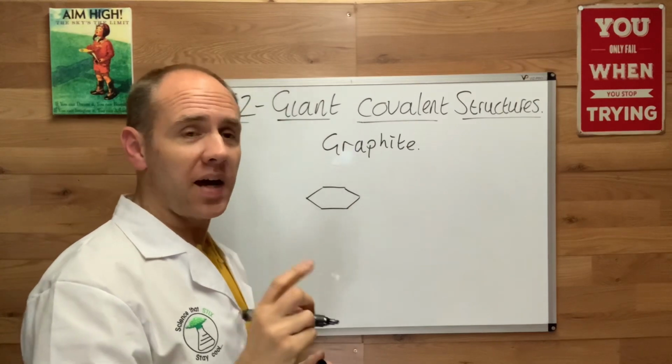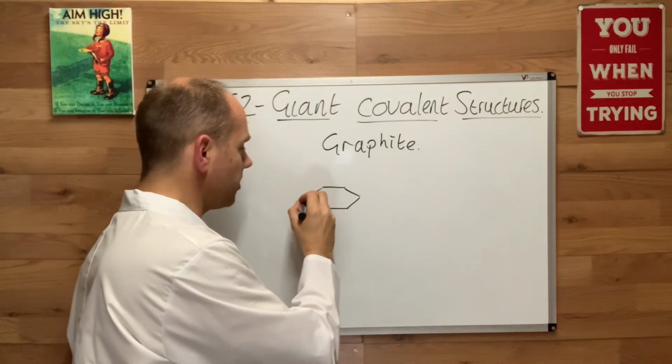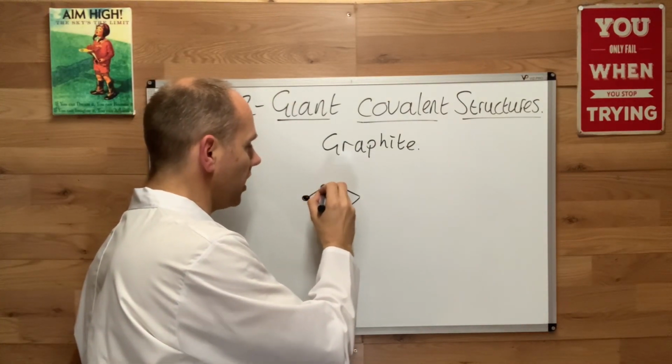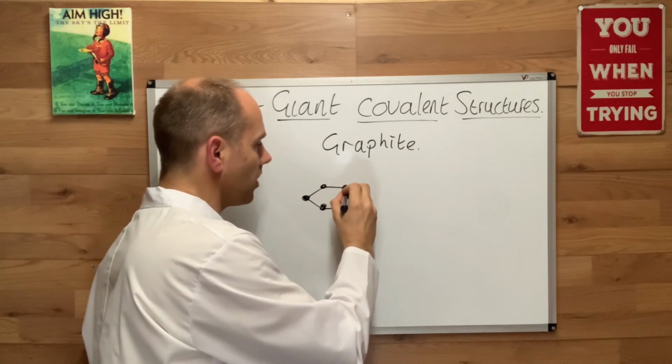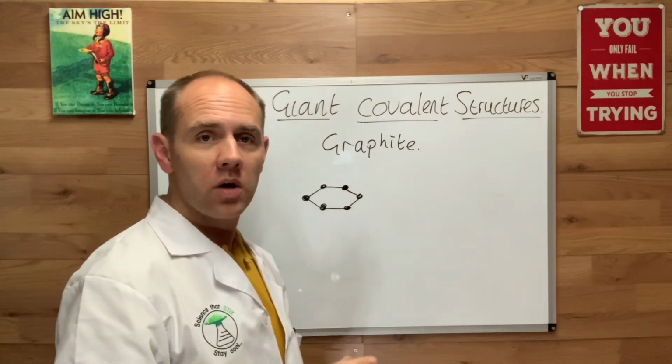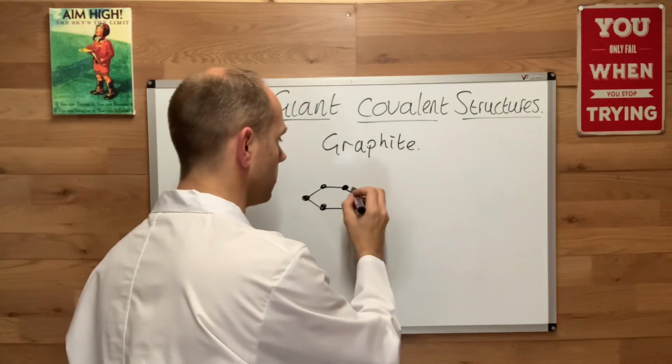I start off with a hexagon, but sometimes I just draw little circles at each of the points just to show that they are carbon atoms.